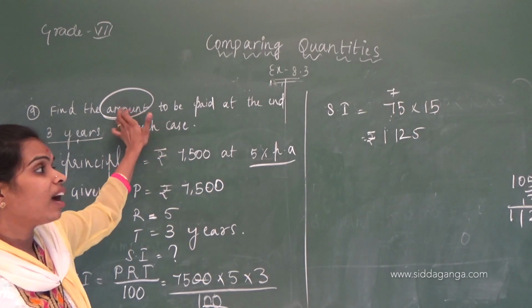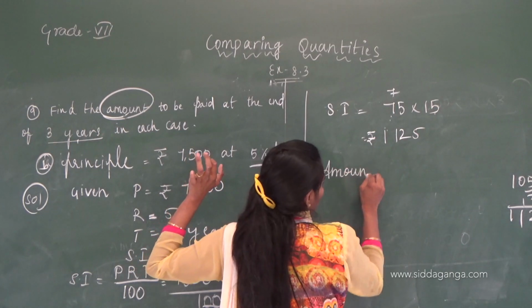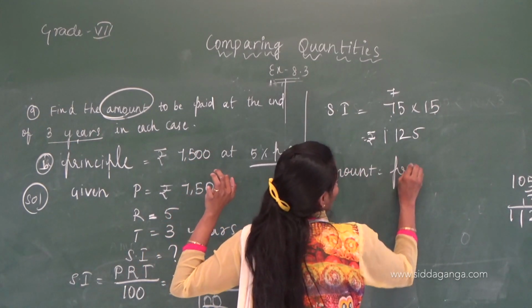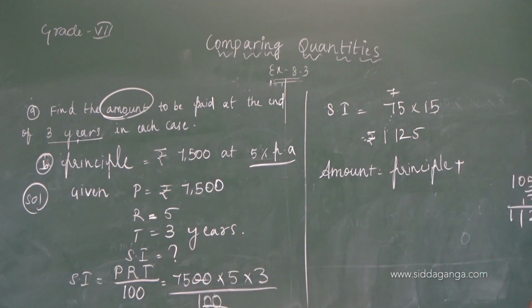We have to find the amount. What is amount? We know that amount equals principal plus SI.